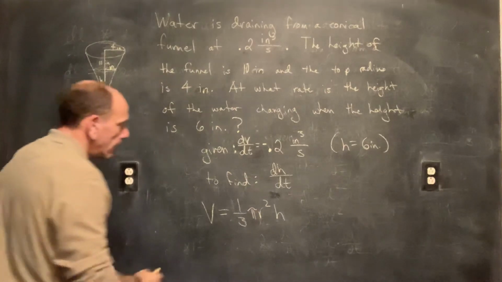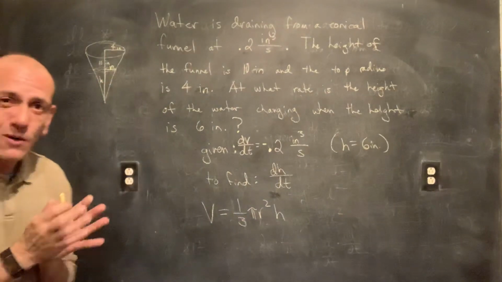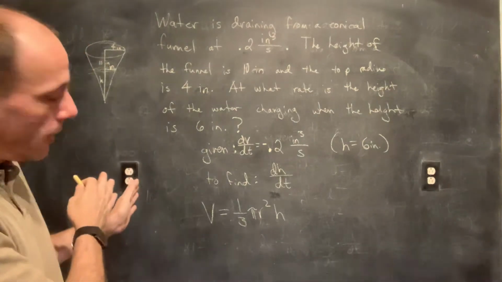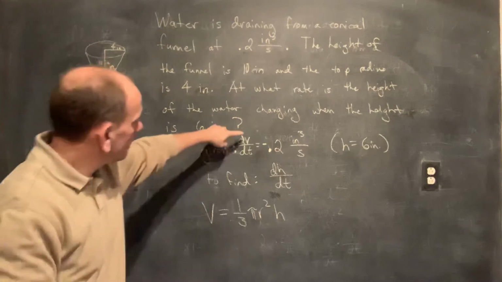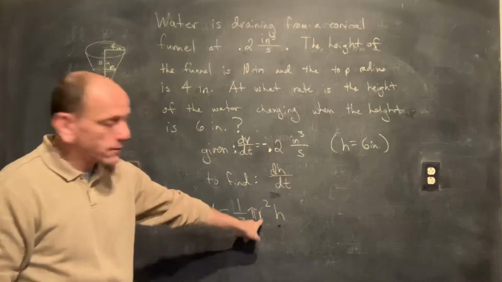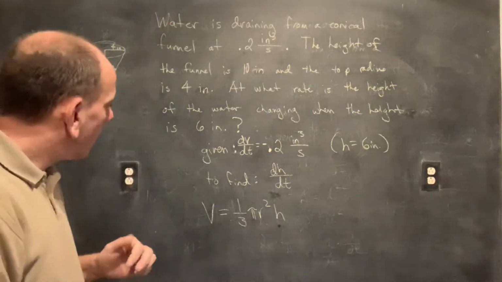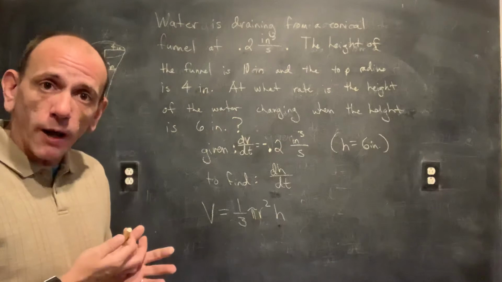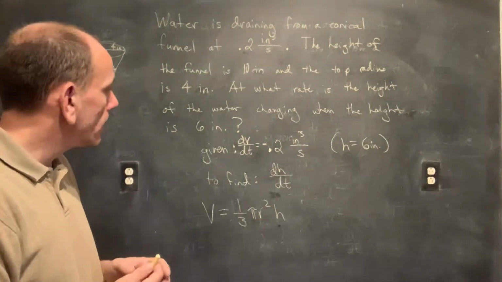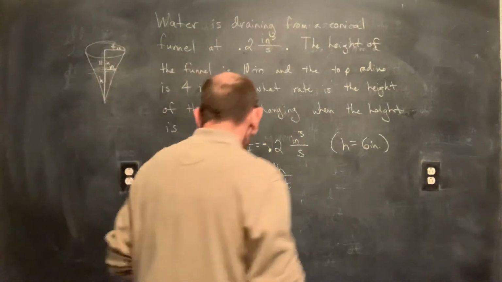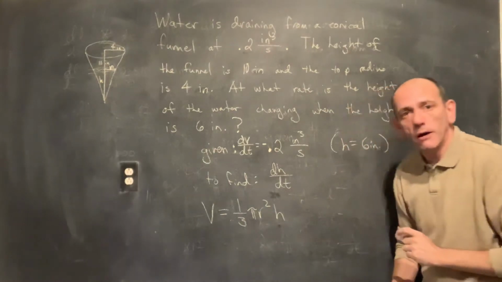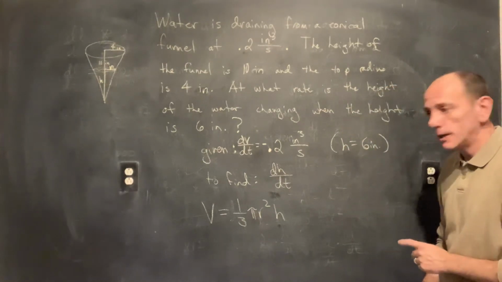All right. Now, I look at this and I think I'm in a little bit of trouble. I really want to link just between V and h. I do have that link, but there's this r squared in here. Now, if I were to just run with it right now, if I were to just take the derivative with respect to t, let's see what happens. I have a product here, so I have to use the product rule.